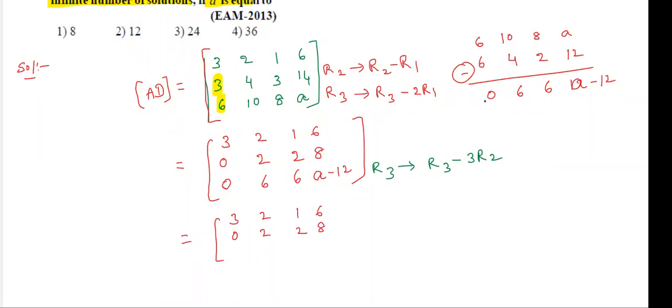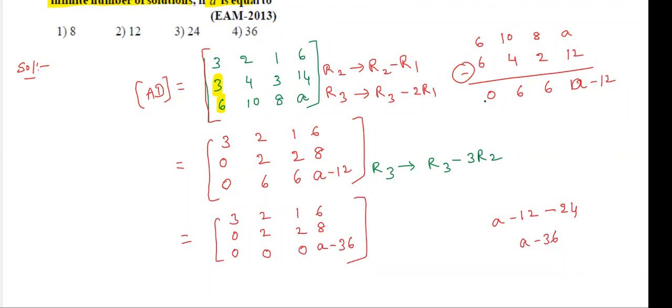R3 minus 3R2. Here 0 will come, here also 0 will come, here also 0 will come. But here A minus 12 minus 3 into 8, 24. This is total A minus 36. Here we get A minus 36.